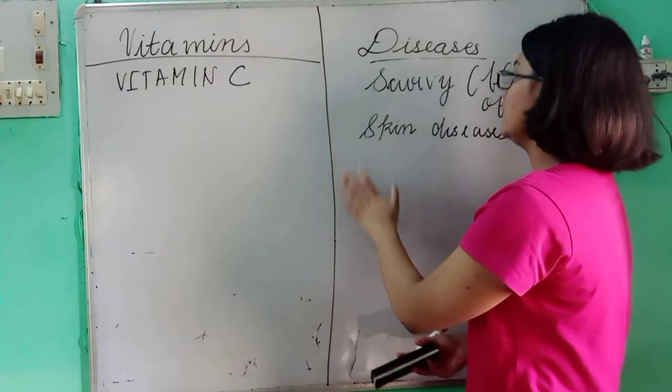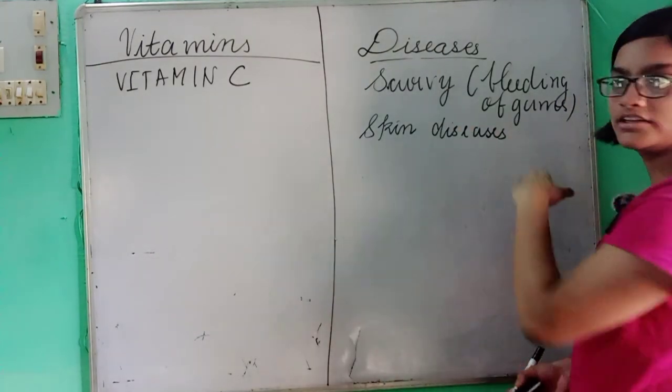So this is vitamin C: scurvy, bleeding of gums, and skin diseases.